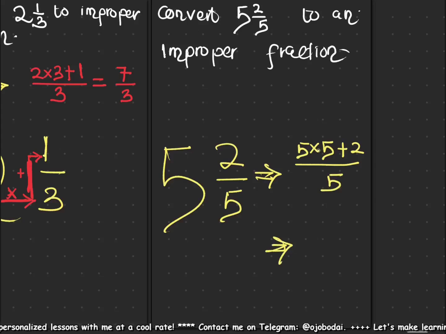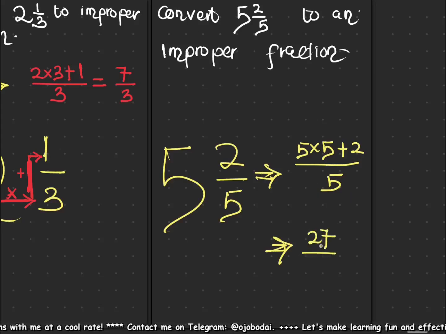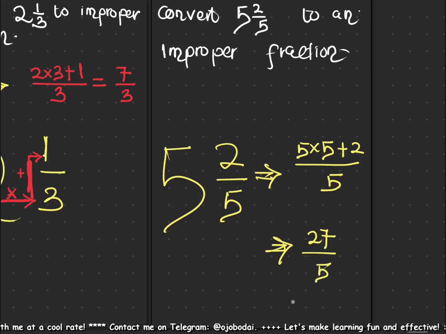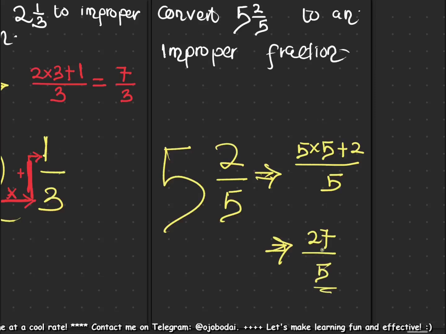And that gives us what? 5 times 5, we have 25. And 25 plus 2 gives us a what? A 27. So we are going to get 27 over 5. This here is our improper fraction representation of this mixed fraction we have here.